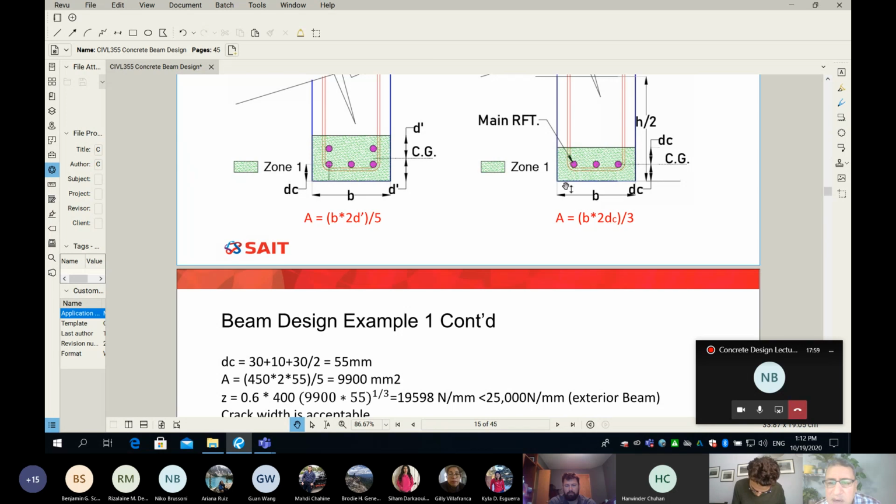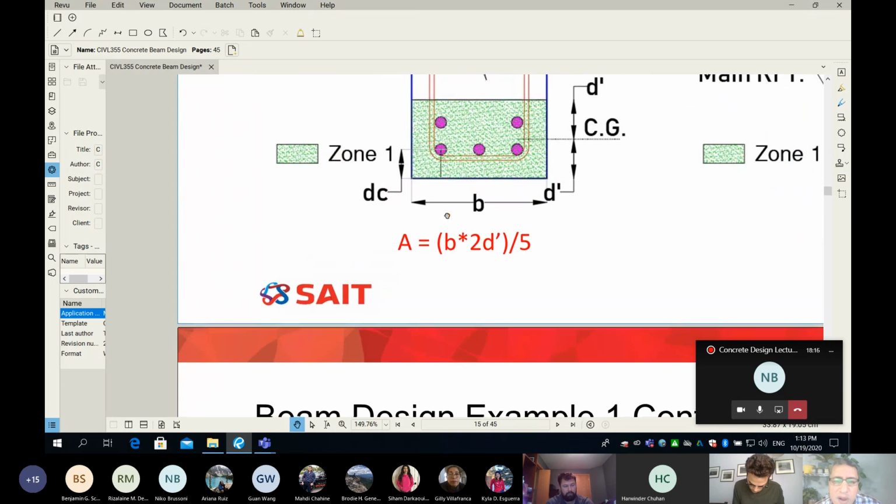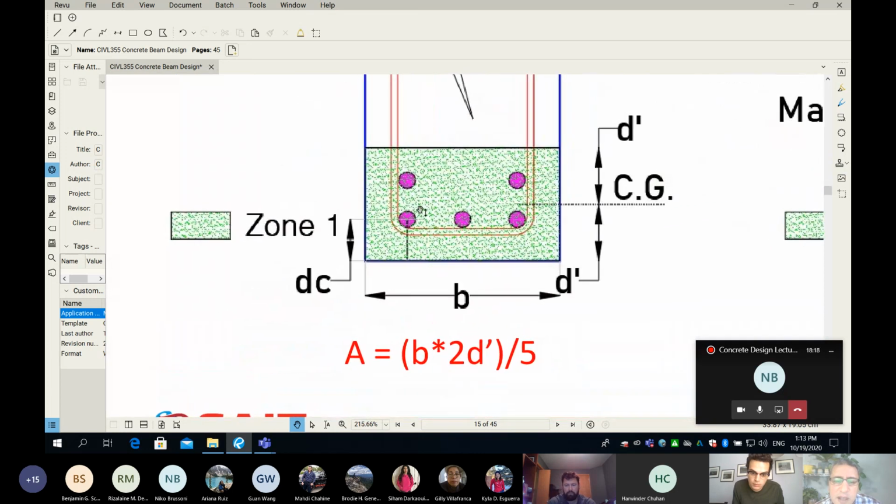On the right side here, we have one layer, so the centroid is exactly where I measure d_c to the bottom of my beam. However, if my beam has more than one layer, the d_c will be different from the centroid. So please, you probably need to focus on this one. On this picture here, d_c is from the last layer of rebar to the extreme fibers in tension.